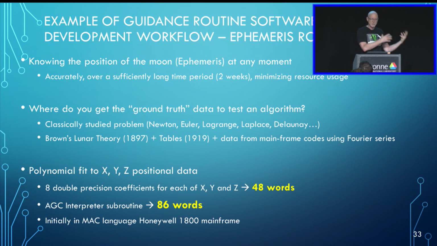They developed it initially in something called the MIT algebraic compiler language, made sure it all worked there on their Honeywell 1800 mainframe, and then they'd rewrite it in AGC assembly code. Actually, no, this routine was written in the interpreted language. So this is the kind of exercise they would go through on a regular basis, trading off how many words this was going to take versus other issues.